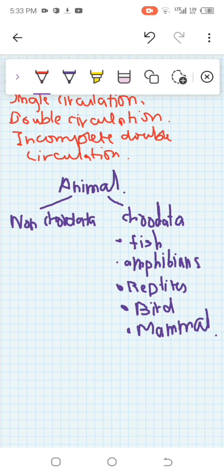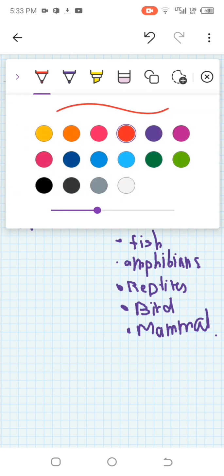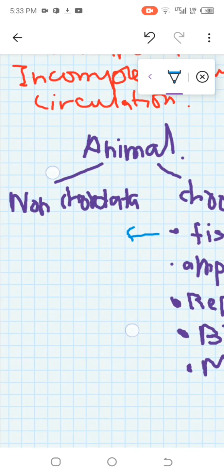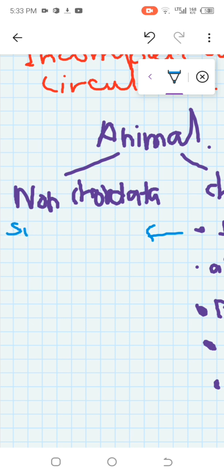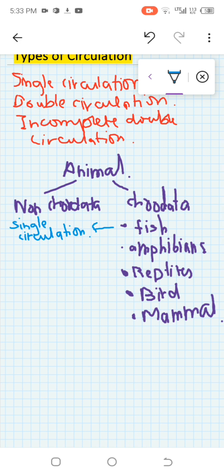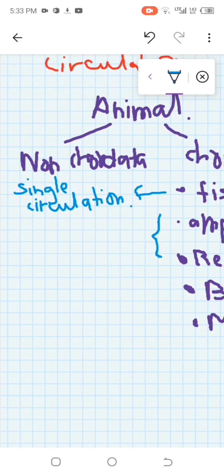Now, as you can see, number one is fish. Fish possess single circulation. And if I talk about amphibians and reptiles, they both contain incomplete double circulation.